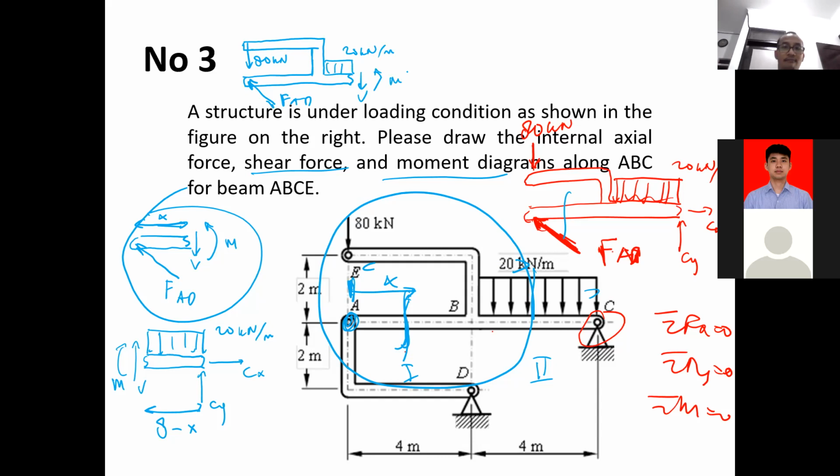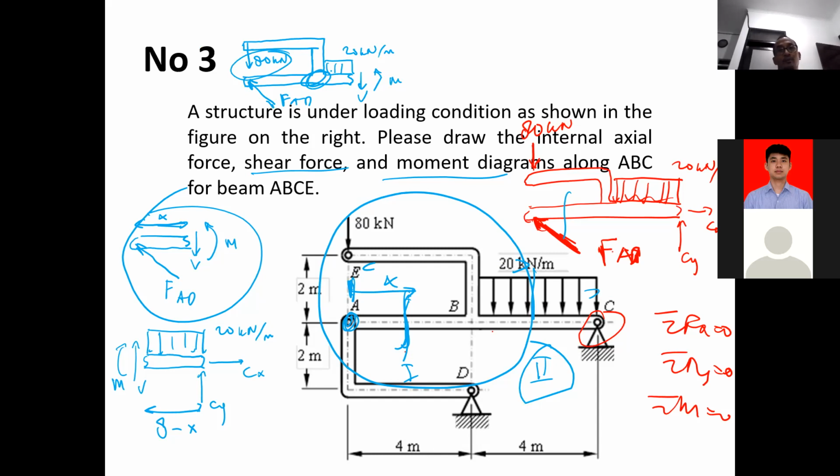Okay, if we have to solve for the left cut, for the second one, the free body diagram will be like this. Correct, right, Alberto? Yes, sir. Yeah, you can solve it that way. Or sometimes it will be simpler if we move the force here.